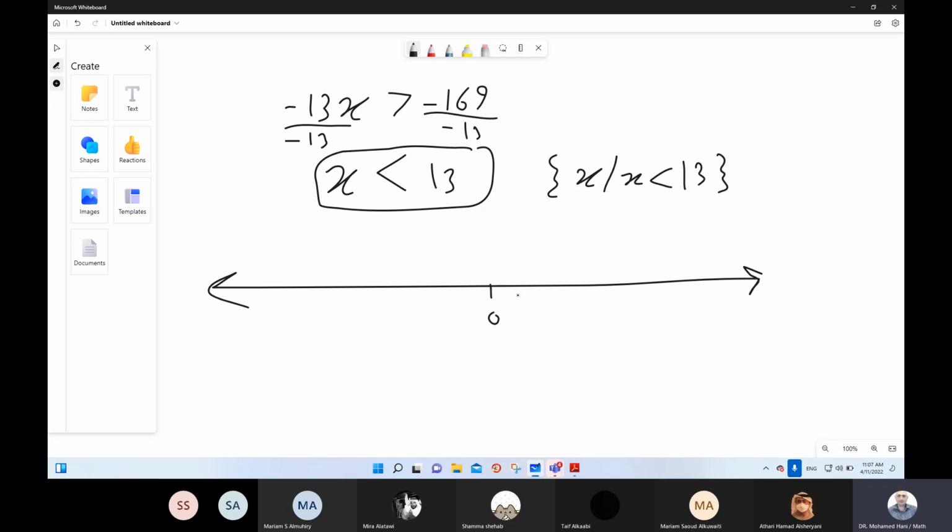This is 0 here. This is the positive side, and this is the negative side here. Represent 13, for example, here. Look at the sign, we don't have equals in the sign, so draw an open circle. Then the value of x less than means the direction to the negative side.